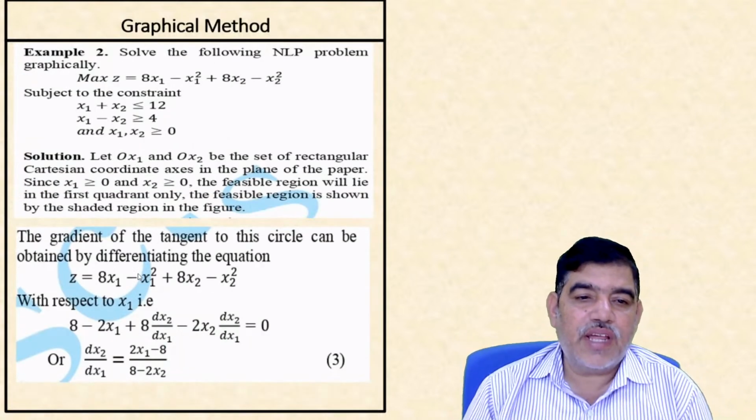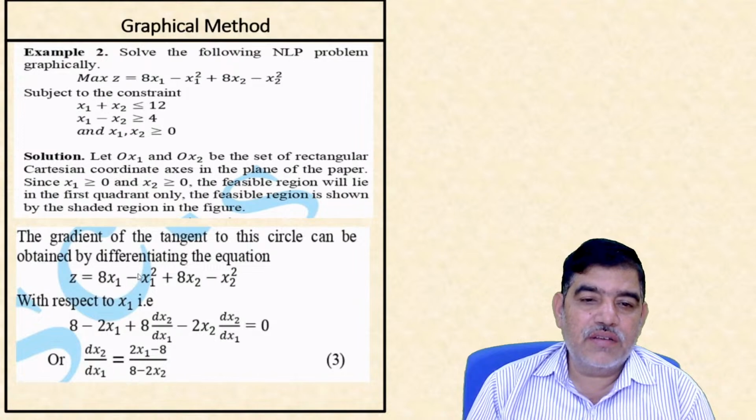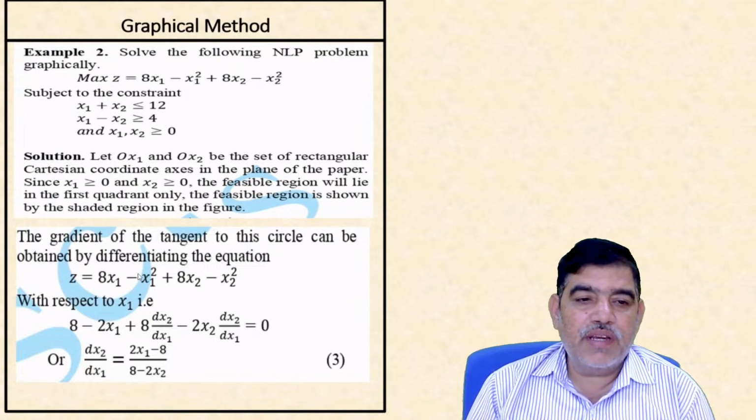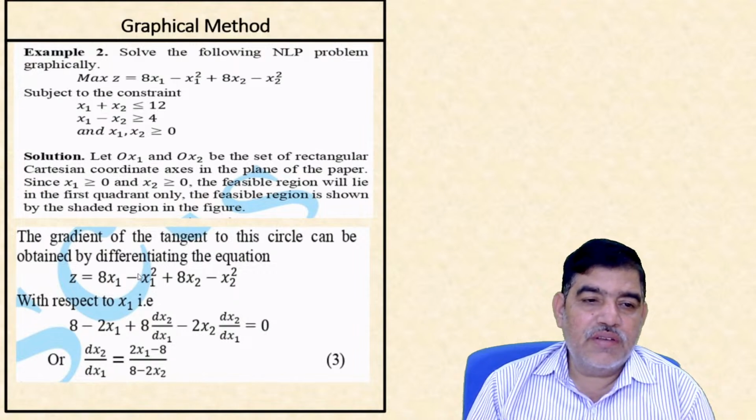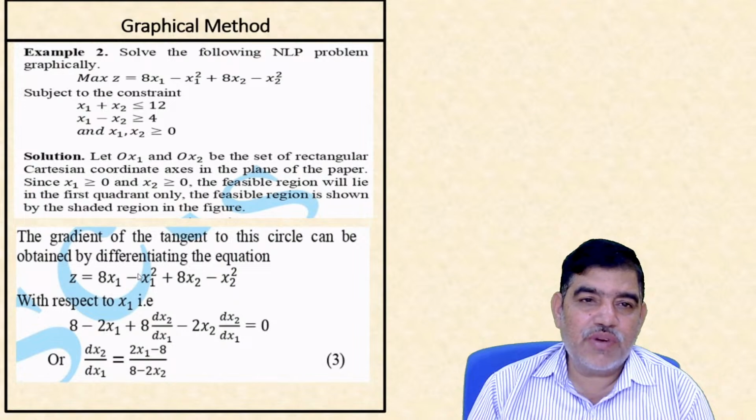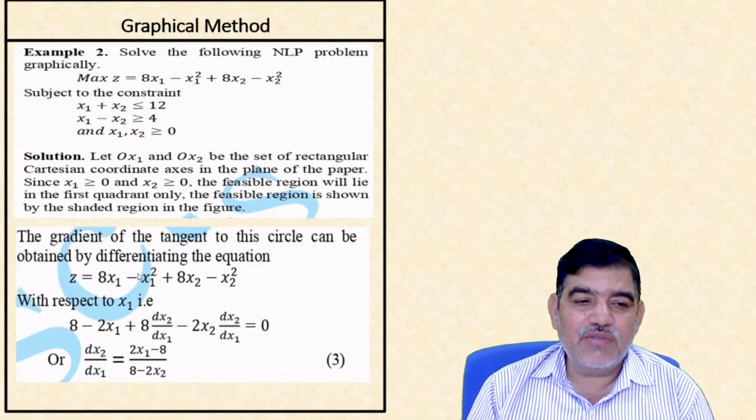The gradient of the tangent to this circle can be obtained by differentiating the equation. What is the objective function? You represent z equal to 8x1 minus x1 square plus 8x2 minus x2 square, that is given in the question.